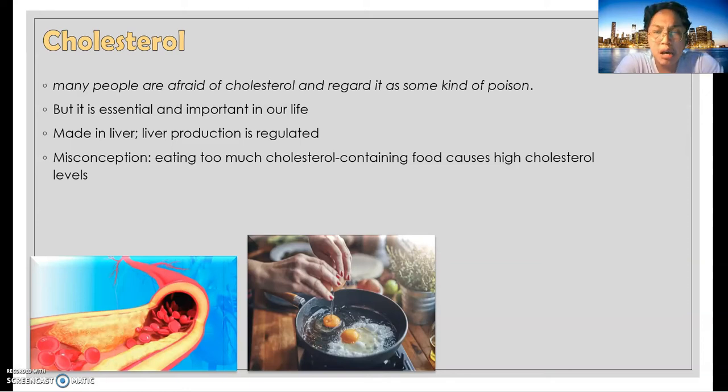So there's a misconception, guys, that eating too much cholesterol-containing food causes high cholesterol levels. Especially with eggs, people say the cholesterol is high. But no, guys, it's only a small amount. Actually, what raises cholesterol more is oil, especially trans fat, found in unhealthy foods and hydrogenated vegetable oils, as we saw earlier.